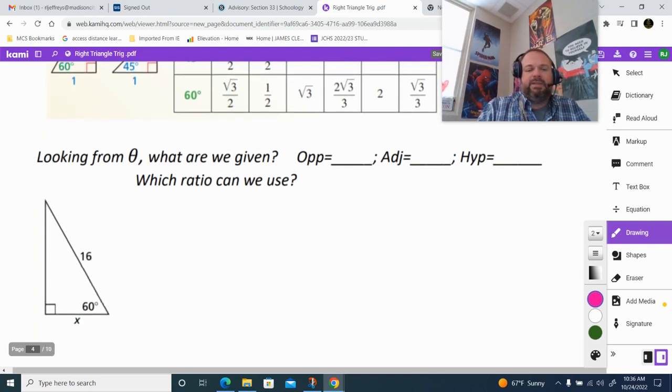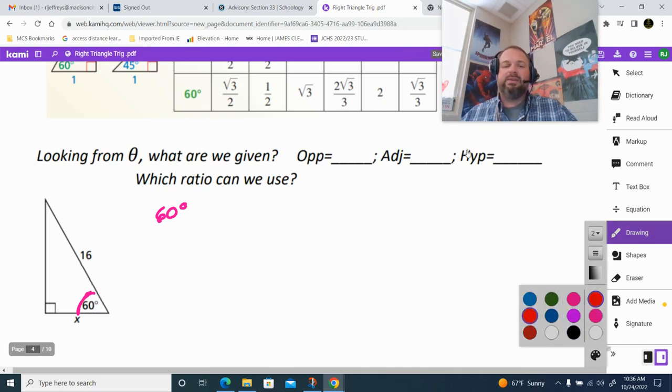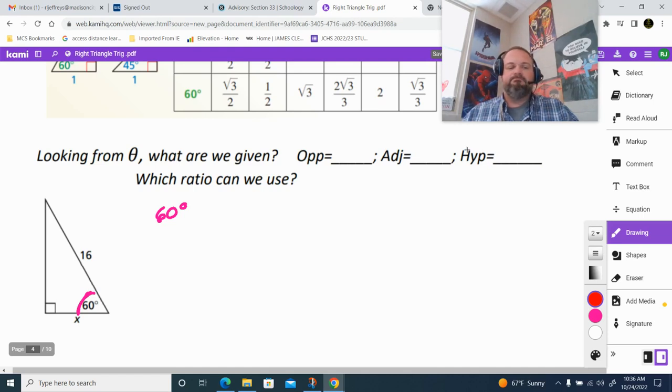Now if we're looking from theta, theta happens to be right here. This is our 60 degrees. Are we given our opposite side? No. We're given our adjacent, right? This is x, and our hypotenuse is 16.